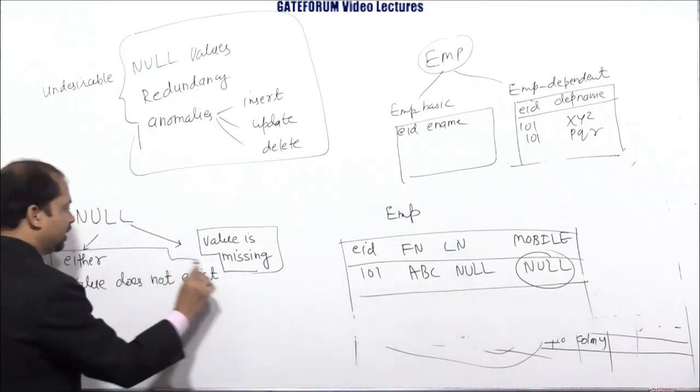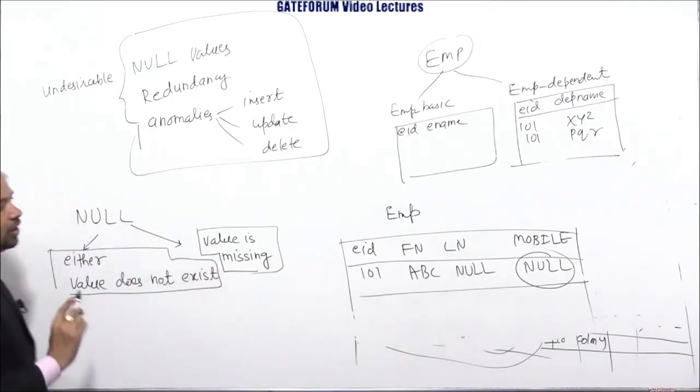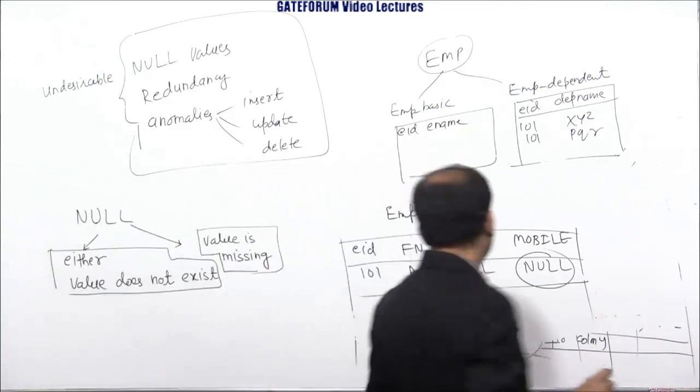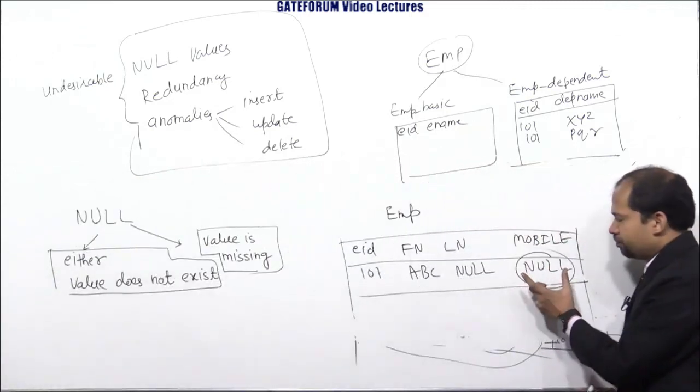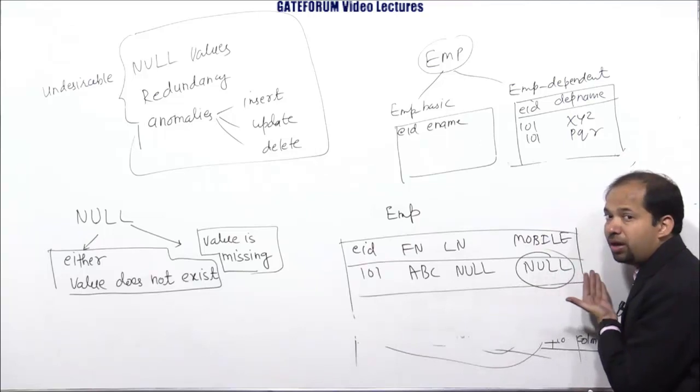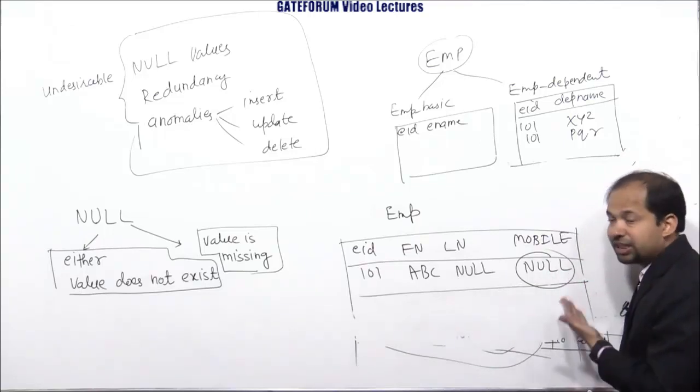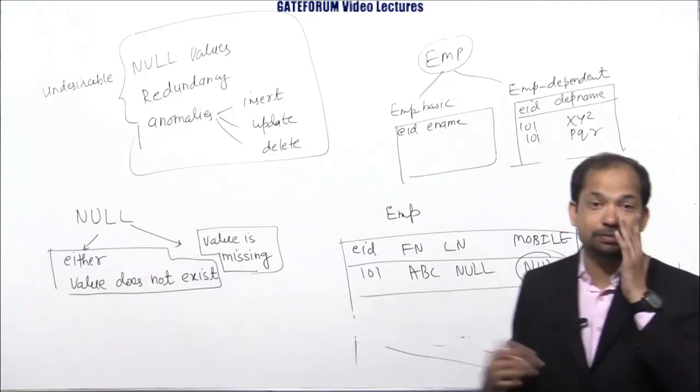It is very difficult to convey which one it is. So if mobile is null, the person may not have a mobile number, or he or she has a mobile number but it is not available as of now, it's missing.